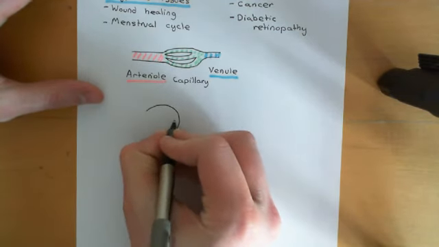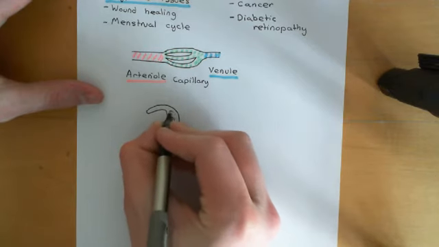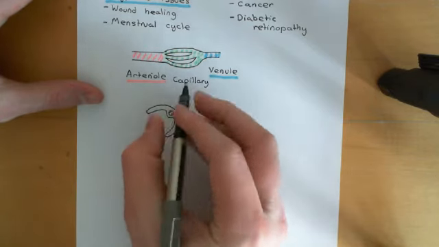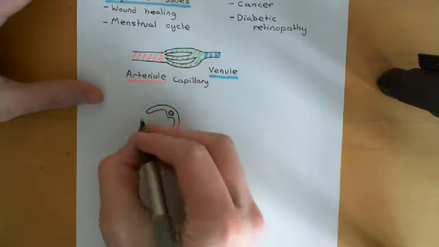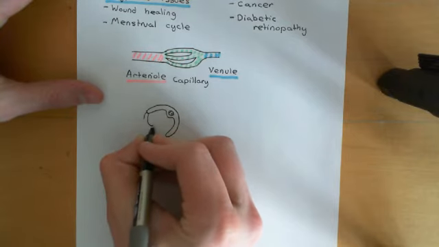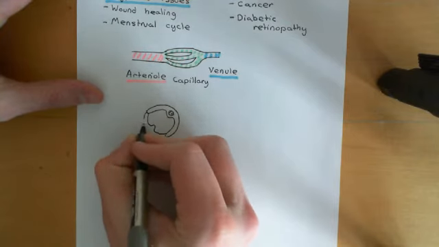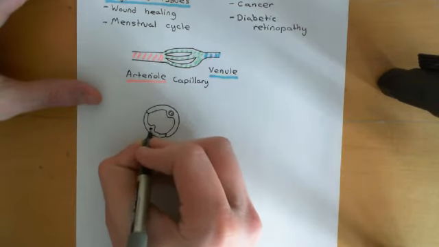So here is an endothelial cell here. And capillaries really are tiny little blood vessels. The little tube going down the middle, the lumen of the capillary, is pretty much only wide enough for a single blood cell, a red blood cell, to move through, or a white blood cell. So here are a few endothelial cells lining the wall of the capillary.